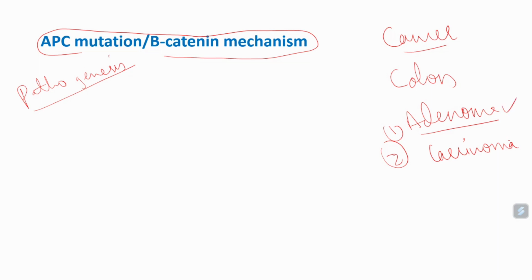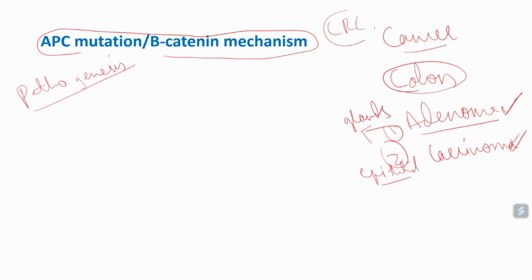Both adenoma and carcinoma are cancers. Adenoma means cancer associated with gland cells, and carcinoma is particularly for epithelial cells. These are malignant cancers. In the colon, it may be adenoma or carcinoma, and simply we call it colorectal cancer.